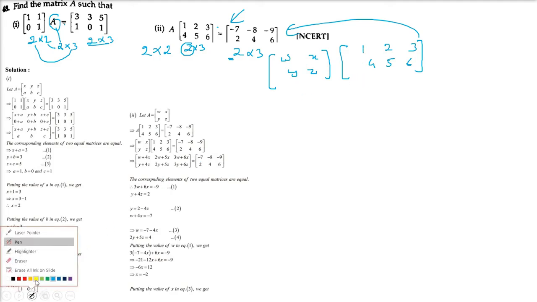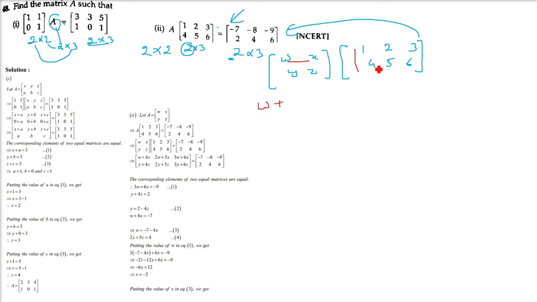So let us multiply first. I am multiplying these two matrices, W, X and 1, 4. So W into 1 plus 4 into X, so 4X. Then W into 2, 2W plus 5X, then 3 into W plus 6X.